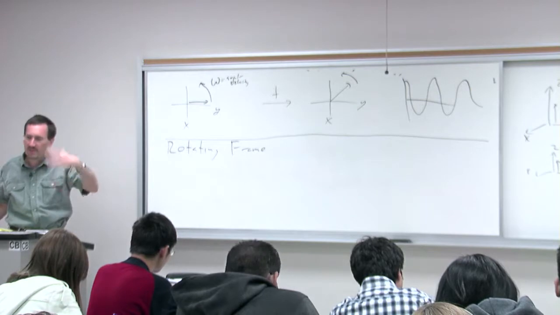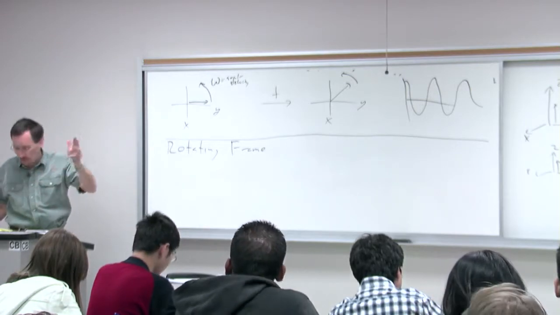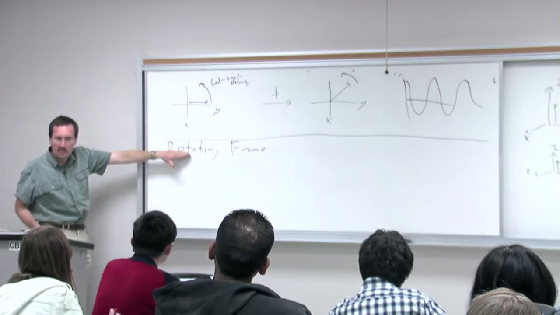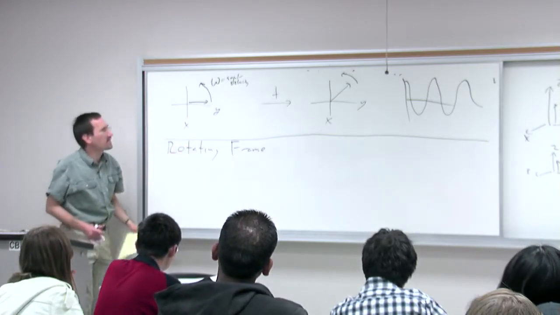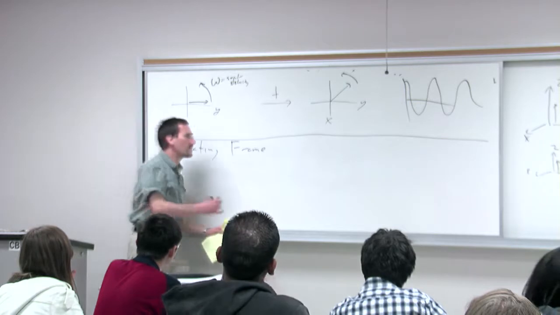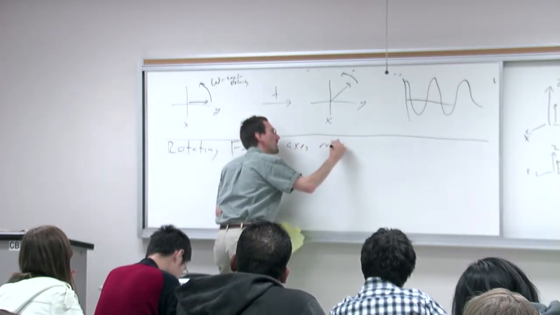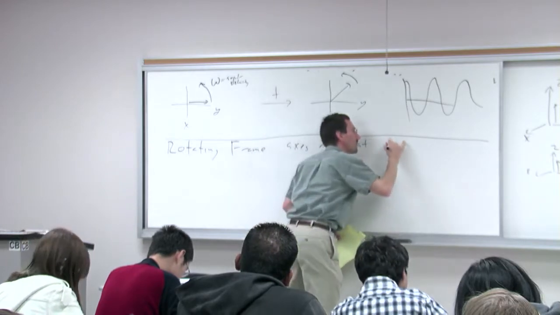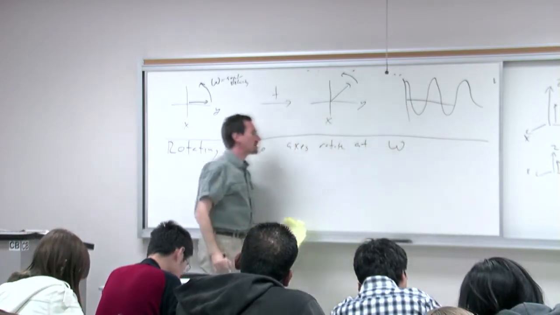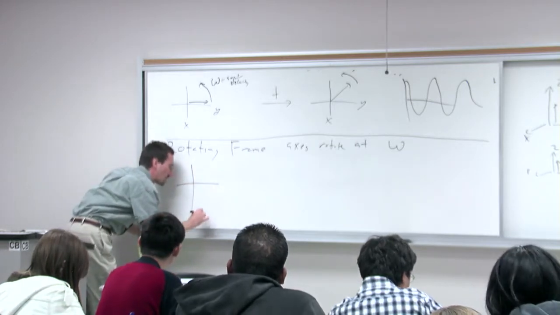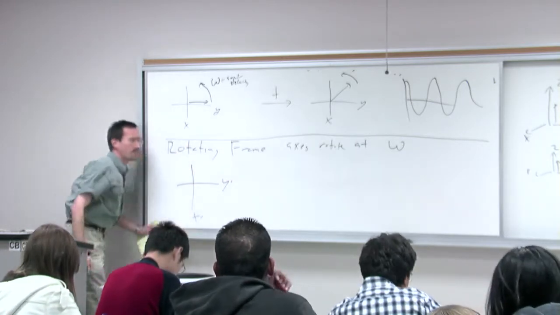It actually works out for the detection purposes with various electronic techniques. But let's have our axes rotate at the angular velocity omega. And so we'll have our rotating frame, and we'll call that x prime, y prime.